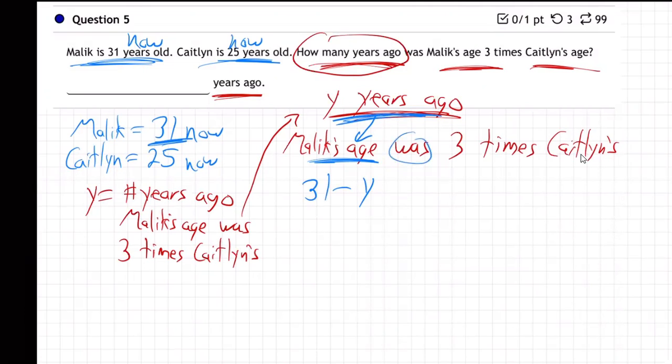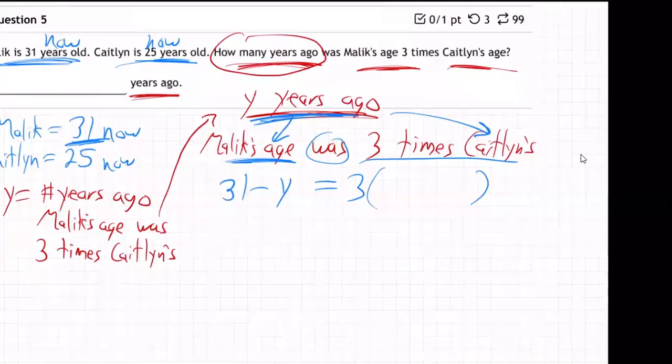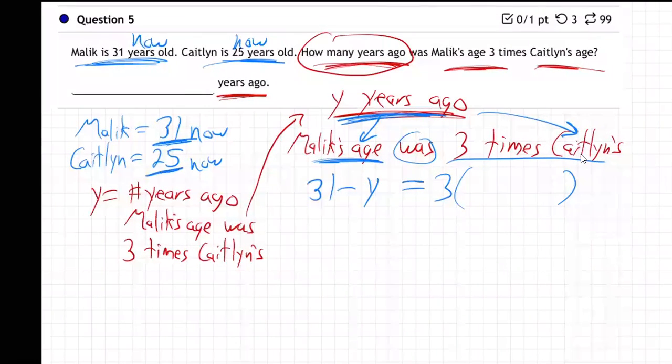Was, that's the past tense of is. In the past, she was 3 times Caitlin's age. Again, that's Y years ago. And what would Caitlin's age be Y years ago? 25 minus Y. Do you see that?